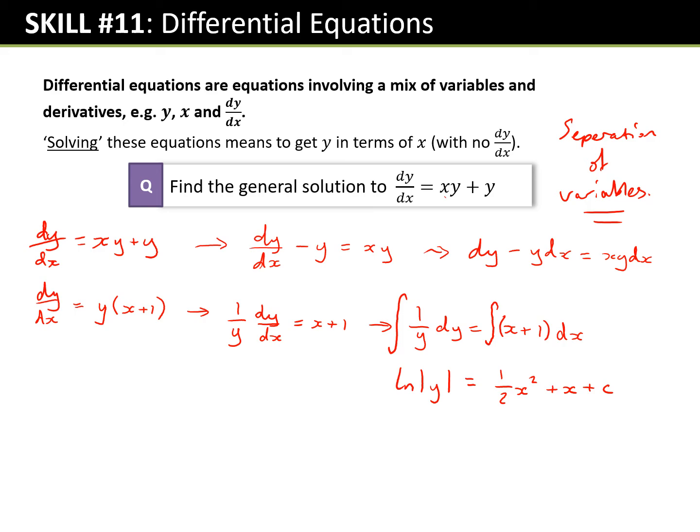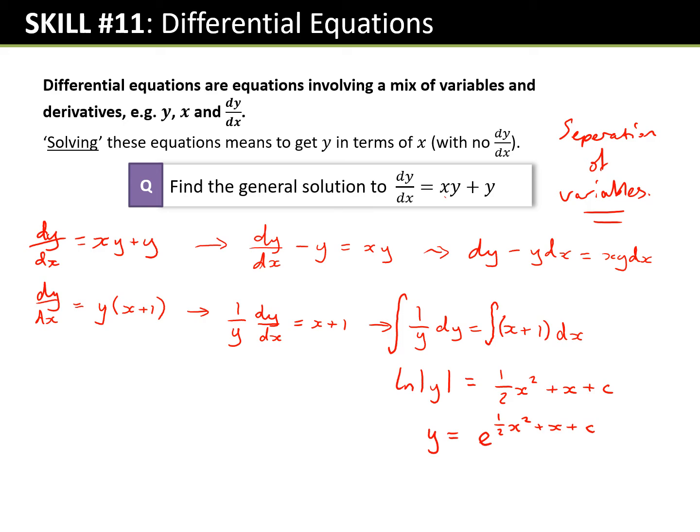A solution is always y equals, so raise both sides to the power of e, and there is a general solution. Now you could give that as an answer. You could, and you wouldn't lose any marks.